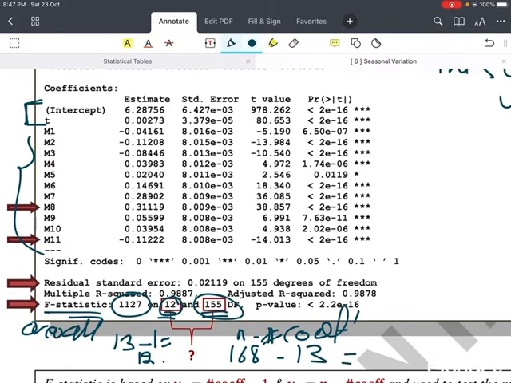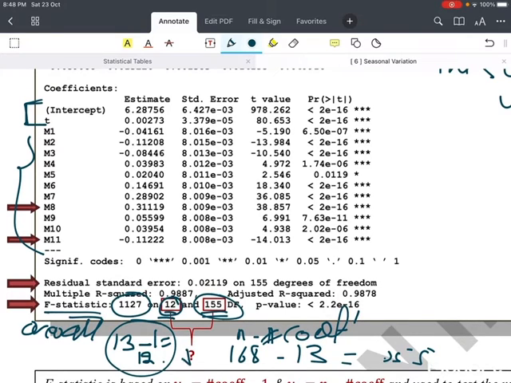It will be this one, 155. Right? Yes, this is the number of coefficients minus 1, and this is n minus the number of coefficients.